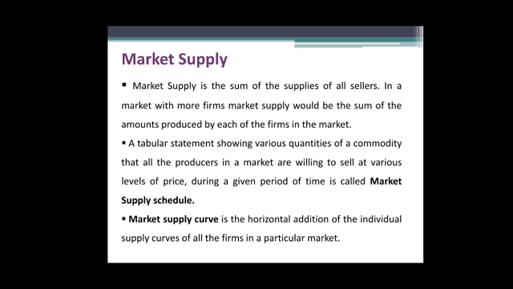Thus, market supply is 60 units of commodity X supplied by all the 3 sellers in the market.